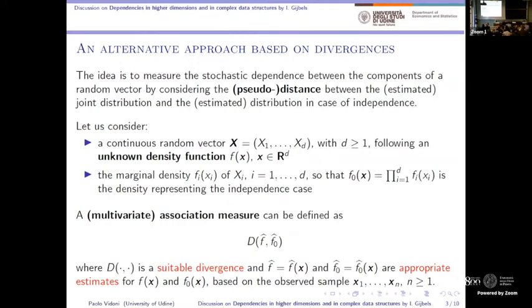The aim is to specify a suitable divergence between f hat and f0 hat, which correspond to the estimates of the f and f0 joint densities using the observed data. F0 is the joint density in case of independence.